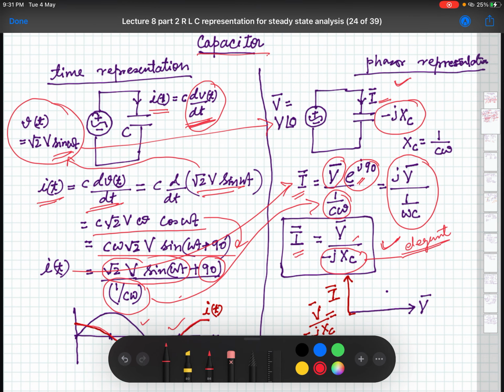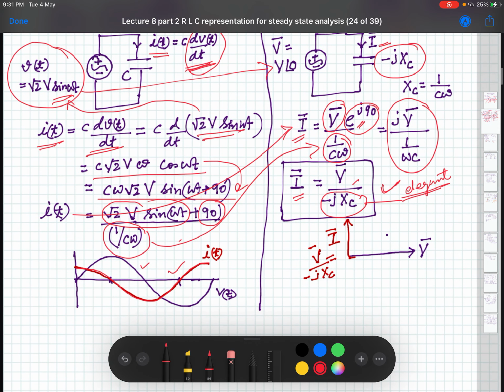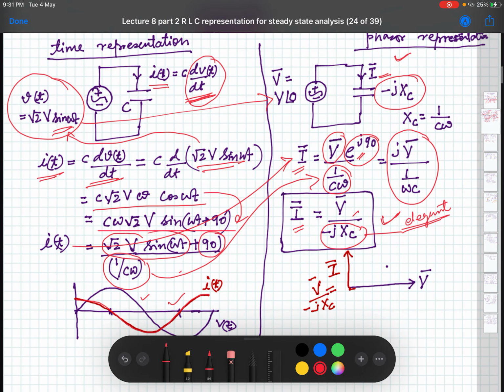So if you see, the earlier representation is difficult to put in equations, but this is very easy to put in equations. We'll see in the later process that this is used for writing the equations for AC circuits.